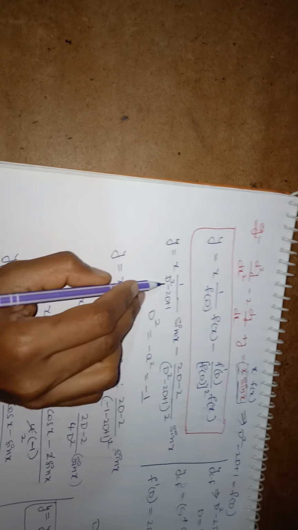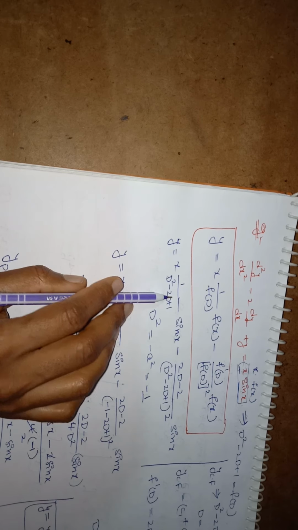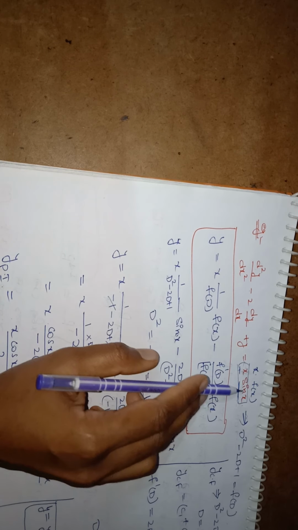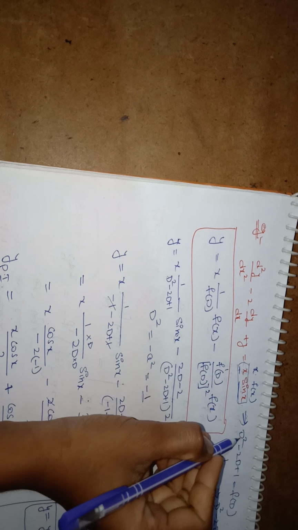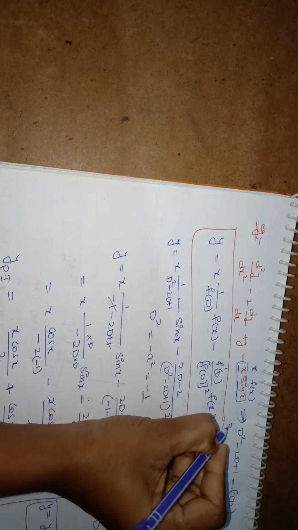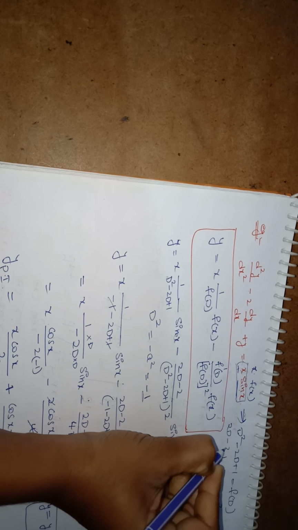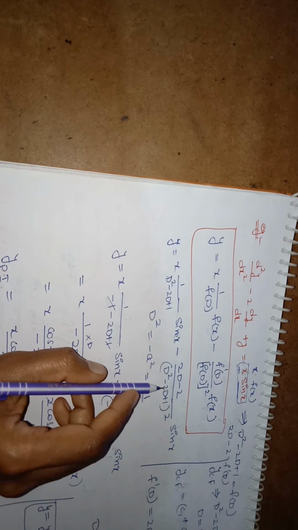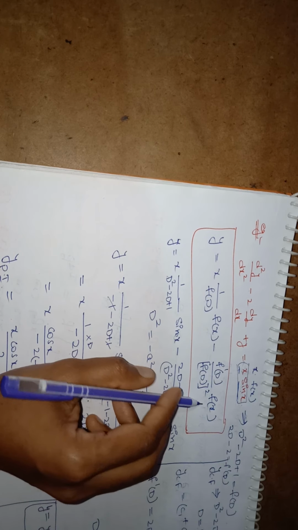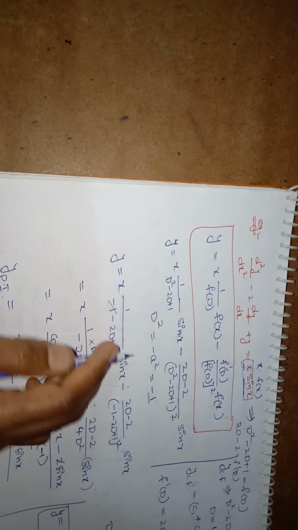You just substitute here D square minus 2D plus 1 into f(x), which is sin x, minus f dash of D. You just differentiate this one: 2D minus 2 is f dash of D. Substitute it here, whole square, with f(x) as sin x.